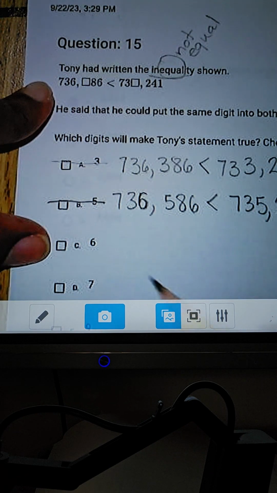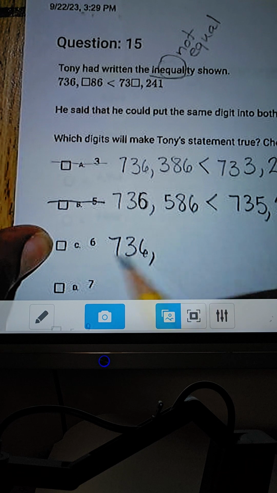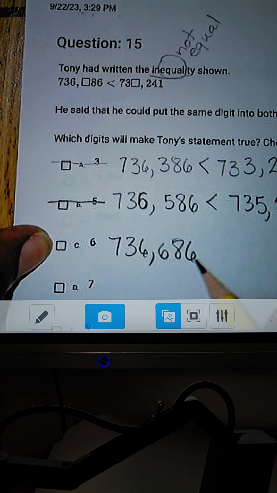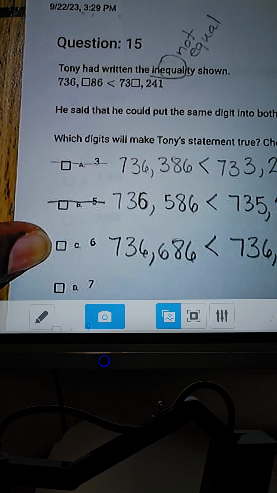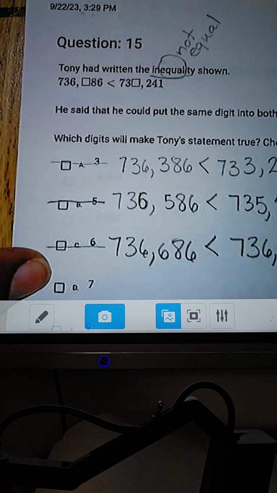All right, let's try C. Plug in that 6 in that blank. 736,686 is less than 736,241. Correct or not? Very good.